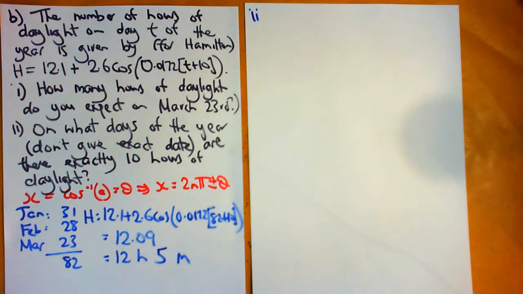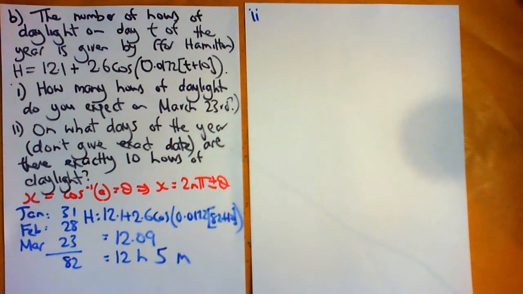Also, I would expect there to be 2 of them, because there would be one solution in the first half of the year as the days are getting shorter, and there would be a second solution after the shortest day when the days are starting to get longer again. So there would be 2 days in the year where there are 10 hours of daylight.